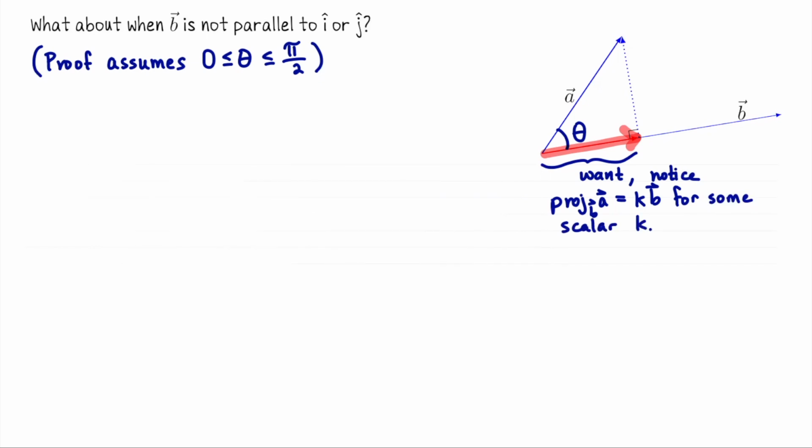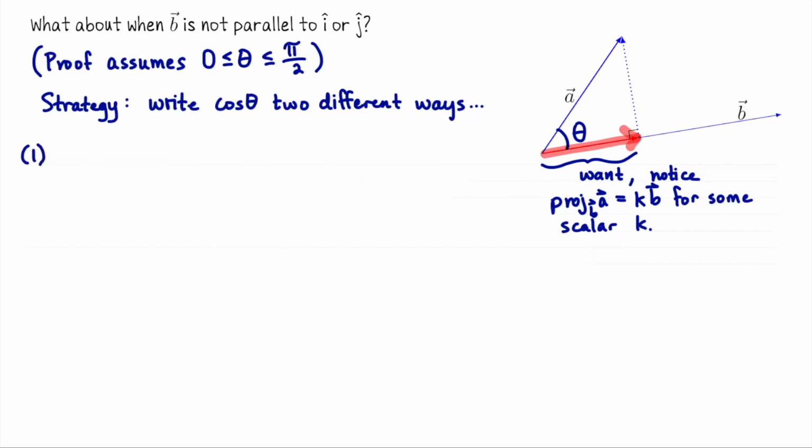So ultimately what we're going to do is figure out what that scalar needs to look like. Our strategy is going to take this angle theta here and write it two different ways. It's the same angle, so it's going to be the same value of cosine theta. So once we've written it two different ways, we'll just equate them.